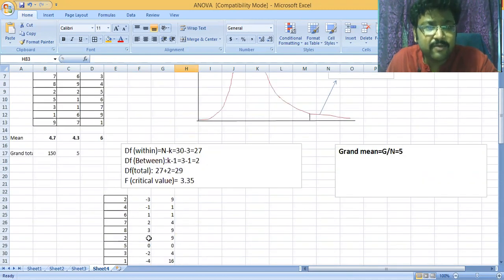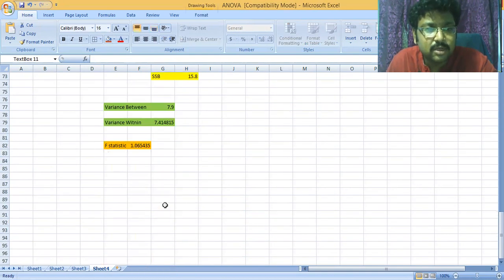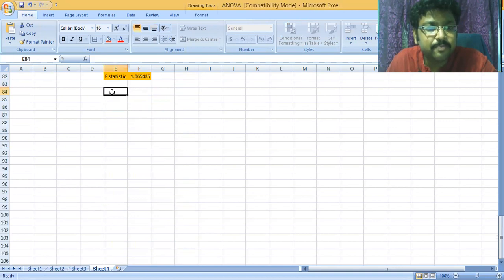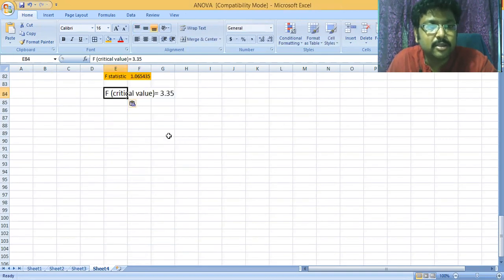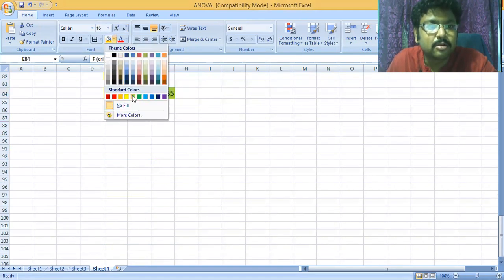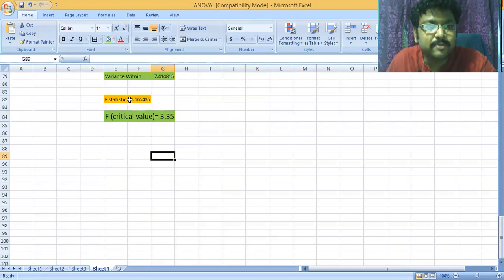Now you have to compare. The table value is this. Copy it. The table value is the critical value, so keep it here. The calculated F statistic is 1.065435, and the critical value, that is the table value, is 3.35.